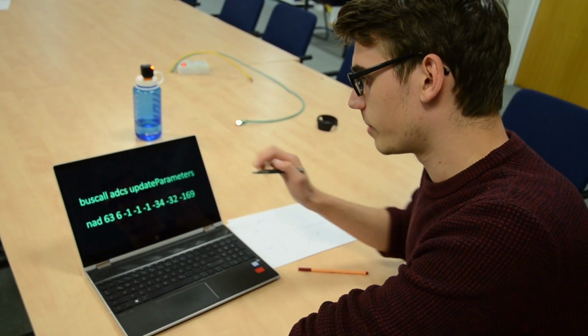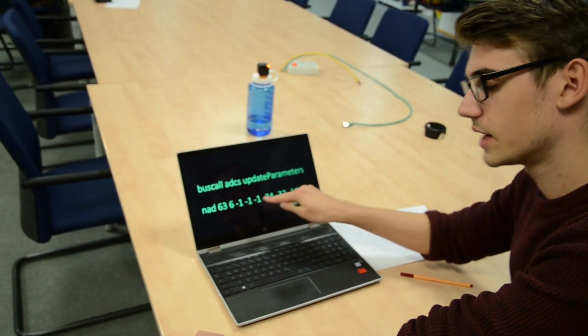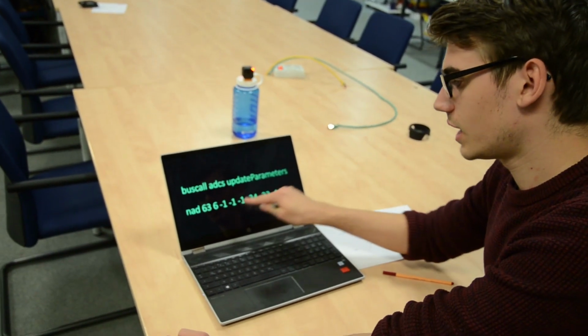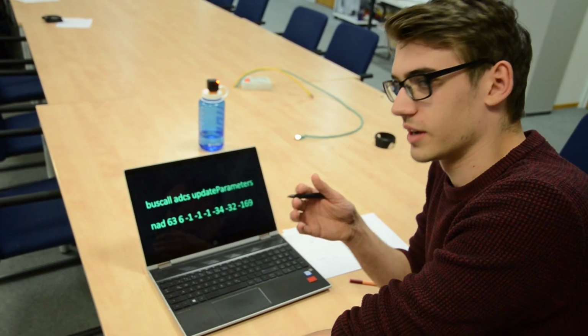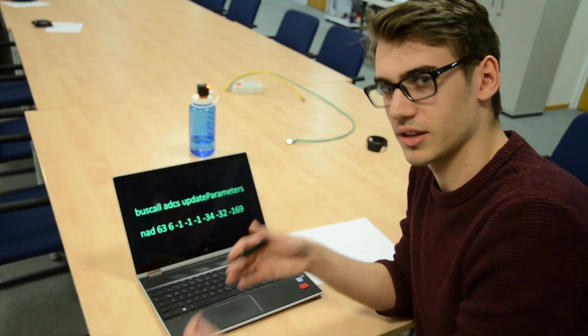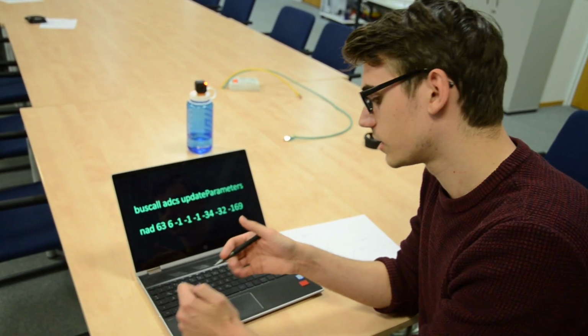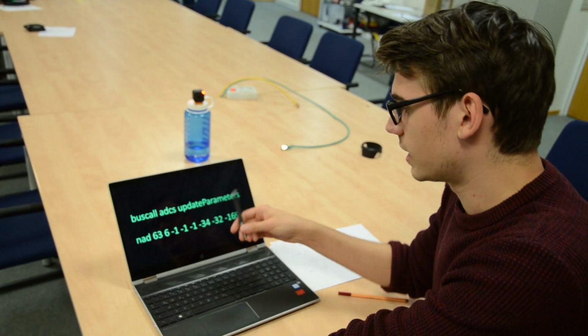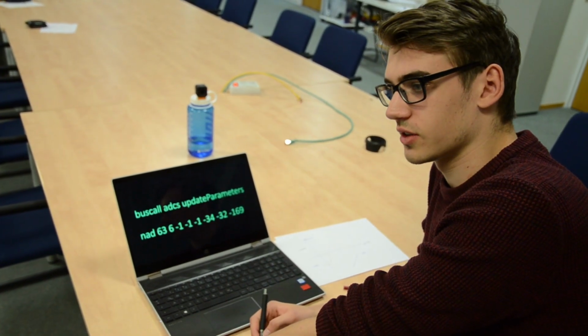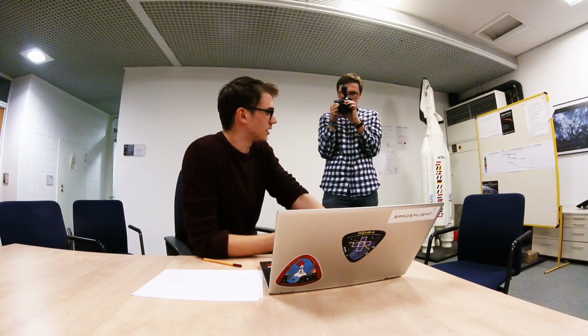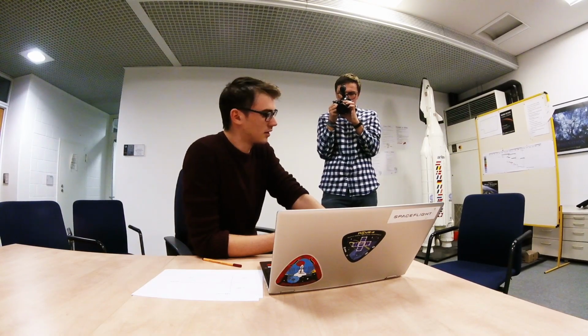But now we make it minus 1, minus 1, minus 1 for the x, y, and z axis of the satellite. This basically makes the signs the opposite of what they were before, so plus becomes minus and minus becomes plus. We can leave those parameters at the end unchanged because, but that's quite complicated, we pretty much don't need them.